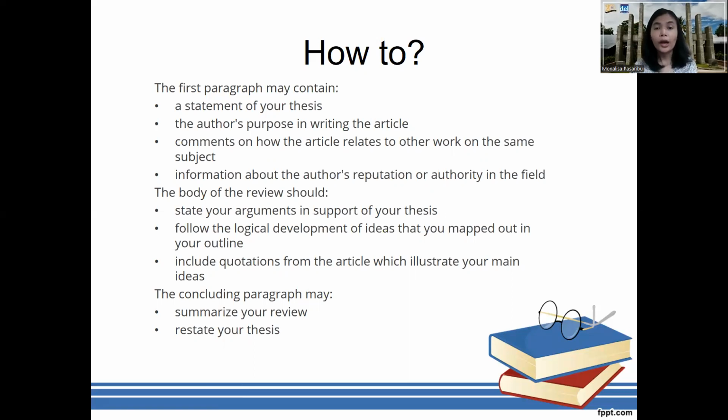And I did mention why we need the information on the author's reputation, because it's related to the credibility of the writer, whether the writer or the author or the researcher is someone who is familiar with this topic or not, or someone who is new or a newbie to this field of discussion.